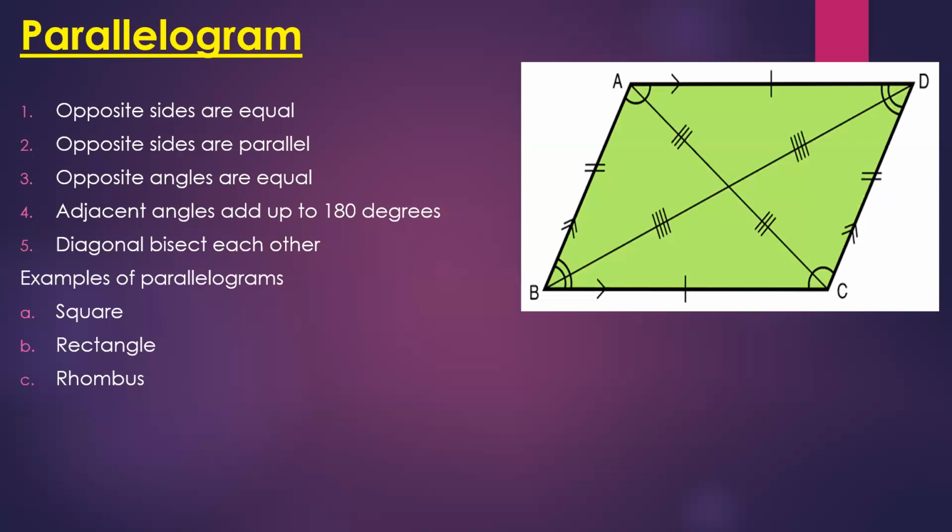Ebony, give me an example of a parallelogram. I don't know. Rita, we have 3 examples. Give me an example of a parallelogram. A rhombus. A rhombus, very good. Give me an example of a parallelogram. A square. A square, very good.